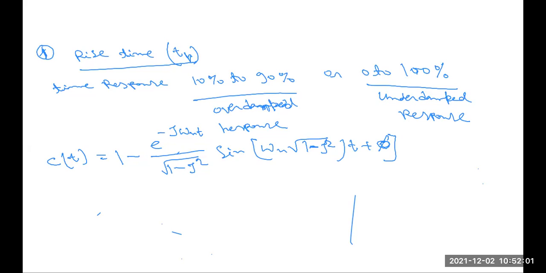When we calculate the unit time response, the result is 0 to 100%. In that case we have to put the value of c(t) equals 1.